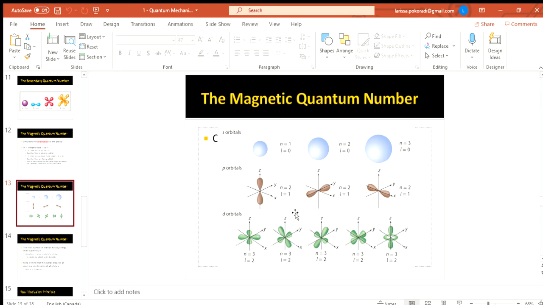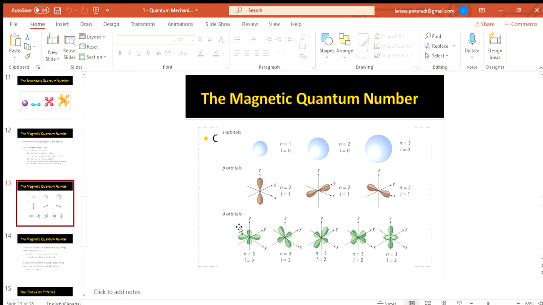D, we said, is l equals 2. So this could be like -2, -1, 0, +1, +2, to show that we have five different orientations possible. All of them are the exact same energy, the exact same size, and we're now at n equals 3 because we remember from learning about our secondary quantum number that for an l value of 2 to exist, our range is from 0 to n minus 1.